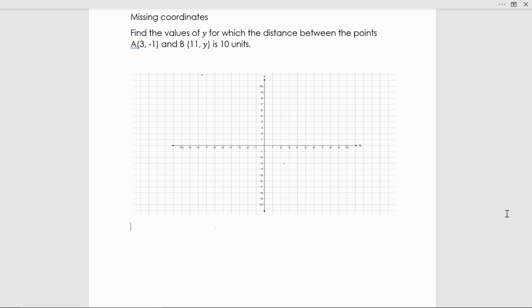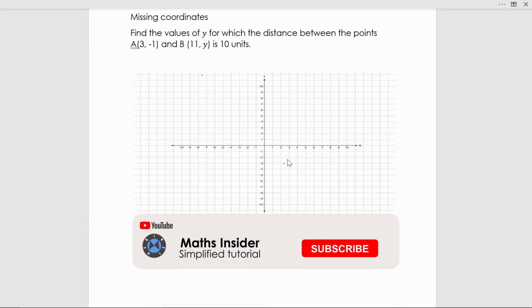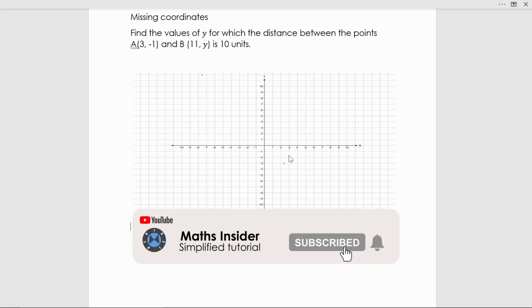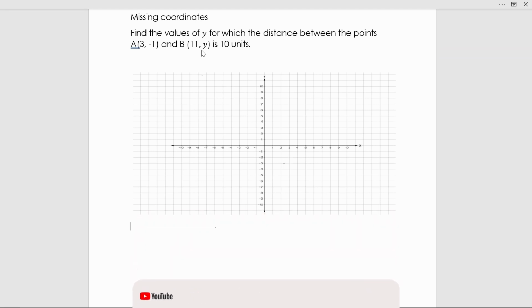So let us represent these 2 points in the Cartesian coordinate plane, and then we'll discuss how to find this missing coordinate y. This y is basically the missing coordinate. Point A is given by (3, -1), so 3 on the x-axis is here and -1 is here.